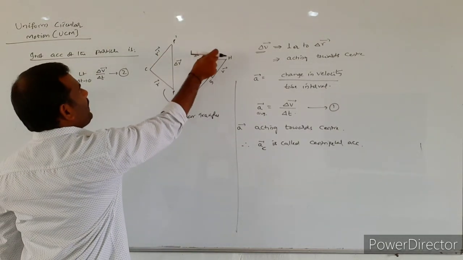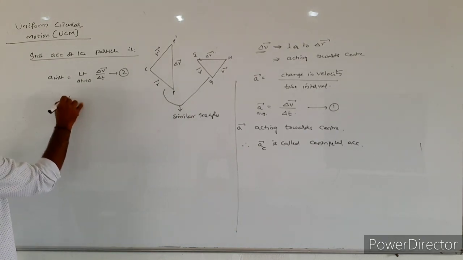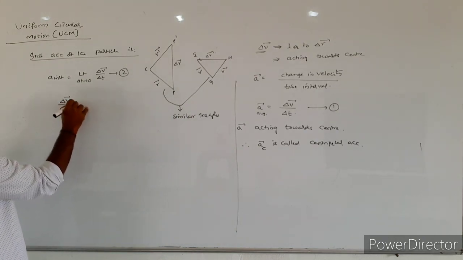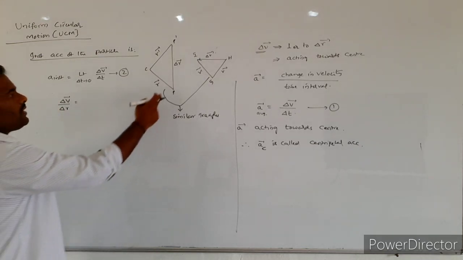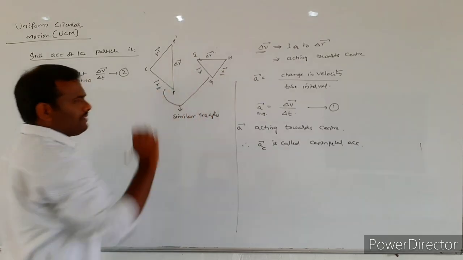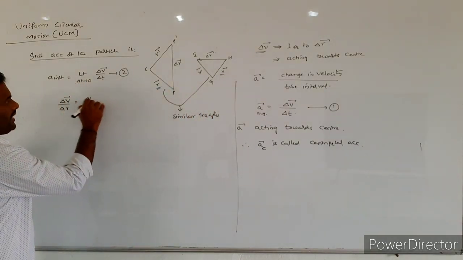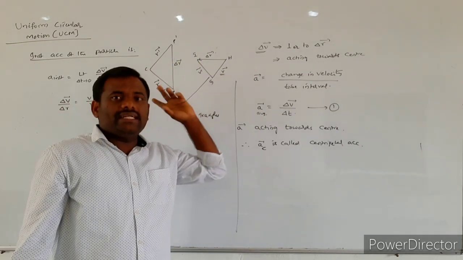If these two triangles are similar, the base of the smaller triangle by the base of the bigger triangle is equal to the velocity corresponding to the R bar, that is V, by small r.